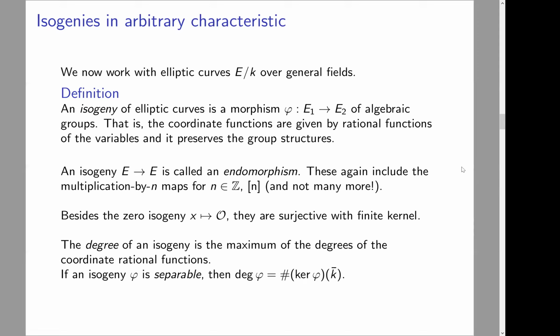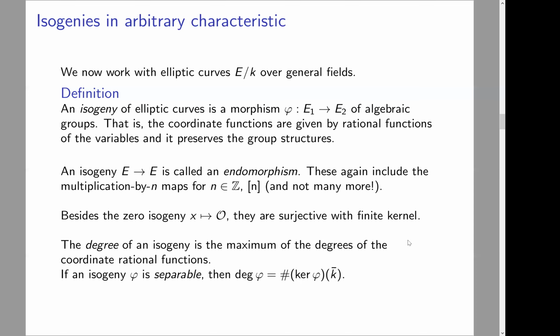Now, a really important notion is the degree of an isogeny. This can be defined in many ways. The way I'll define it is I'll think about these coordinate functions. So (x1, y1) goes to (x2, y2) via some rational functions. And I'll define the degree of an isogeny to be the maximum of the degrees of the rational functions in those coordinates.